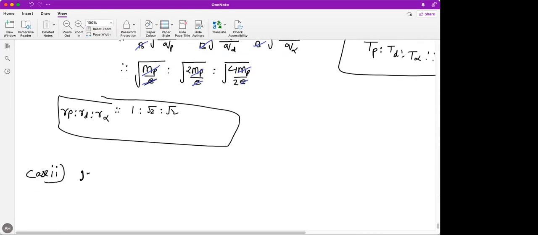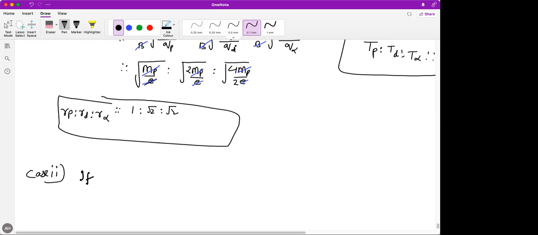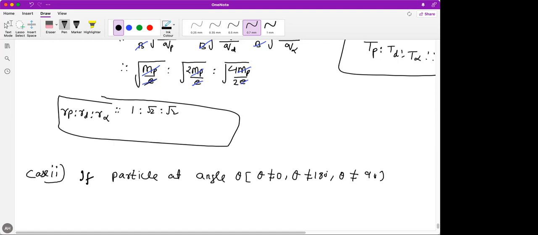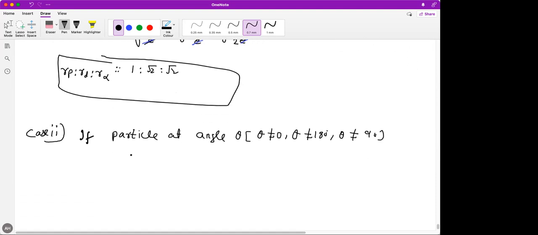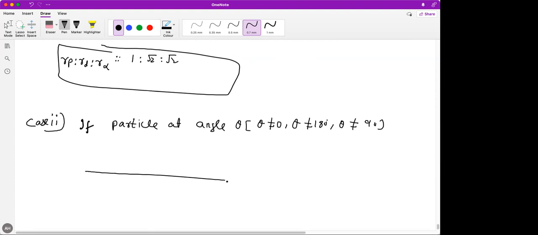So if the particle is moving at angle theta, remember theta is not equal to 0, not equal to 180, and not equal to 90. Apart from these three angles, for any theta this calculation is valid.